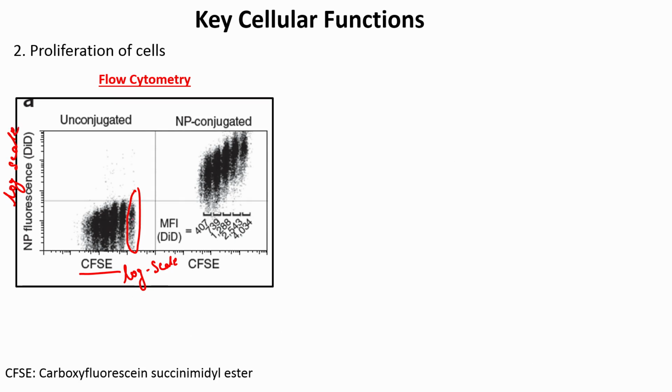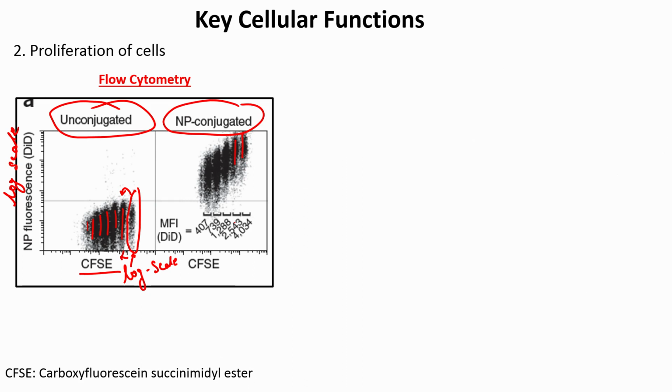Let us say this is the labeling that you achieve initially, but then when the cell starts dividing, its CFSE content per cell will decrease. That is why you see a shift on the x axis, and this is going to continue as the cells divide further and further. So they see that a certain division pattern is seen if the particles are not conjugated versus conjugated.